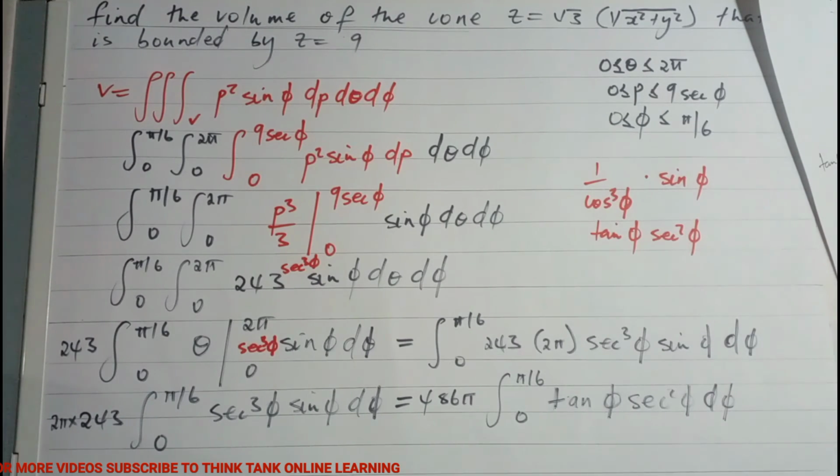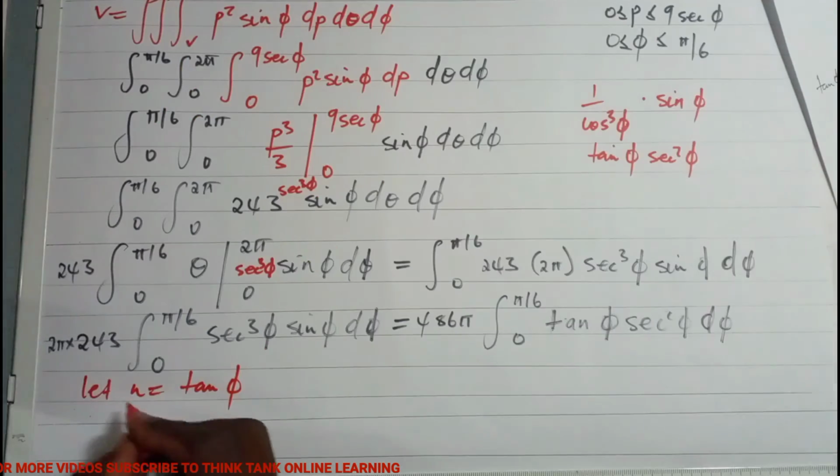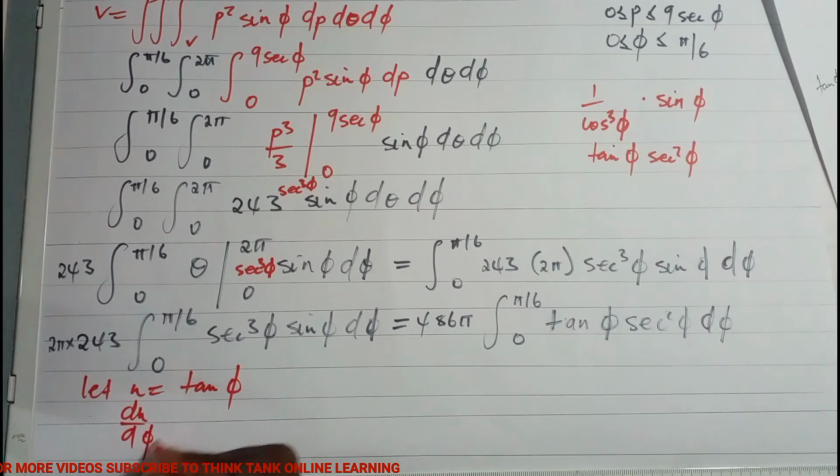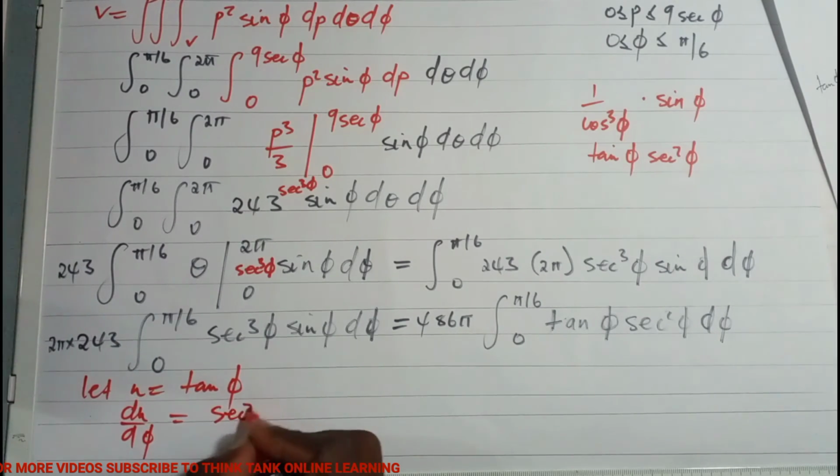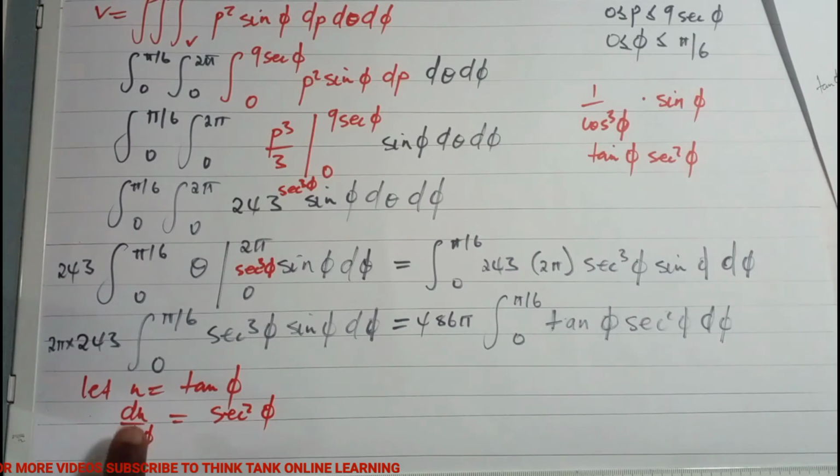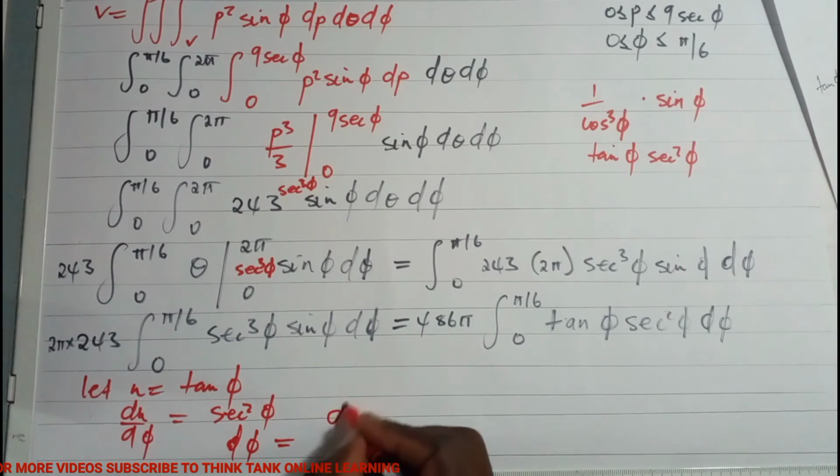What I'm going to do is let u be equal to tan phi. du d phi is going to be secant squared phi, and if I make d phi the subject, we're going to see that d phi is equal to du over secant squared phi.